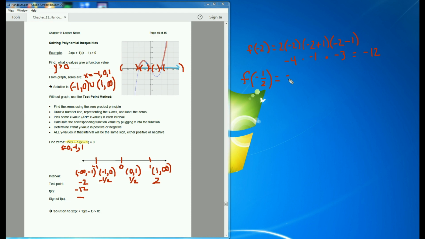It's going to be 2 times -1/2, that's the 2x, then times the quantity x plus 1, so negative 1/2 plus 1, and then times the quantity negative 1/2 minus 1.